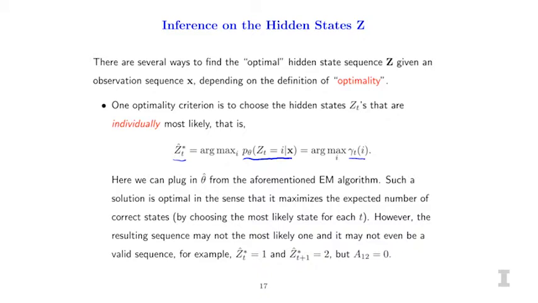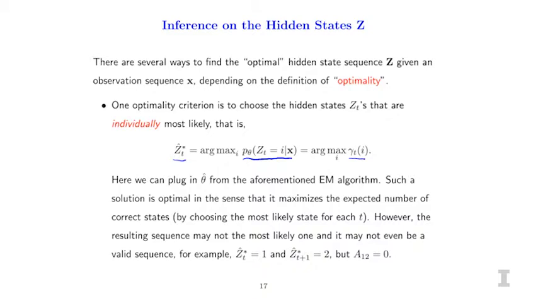This solution is optimal in the sense that if we want to minimize the discrepancy between our guess and the actual latent states, it minimizes that discrepancy on average, meaning it maximizes the expected number of correctly identified states.